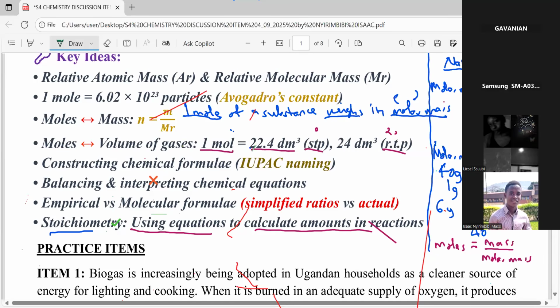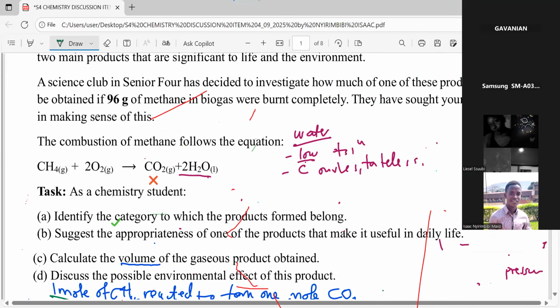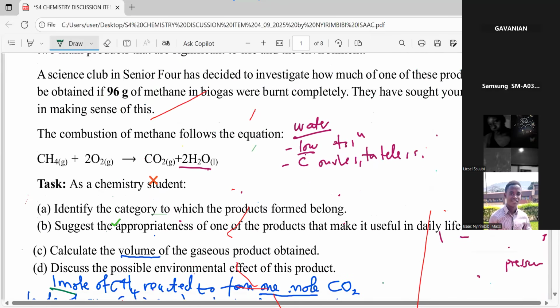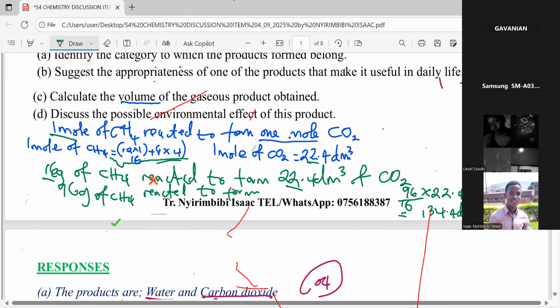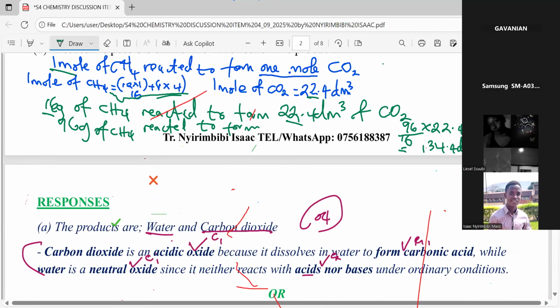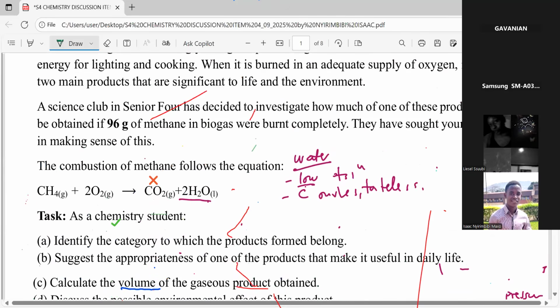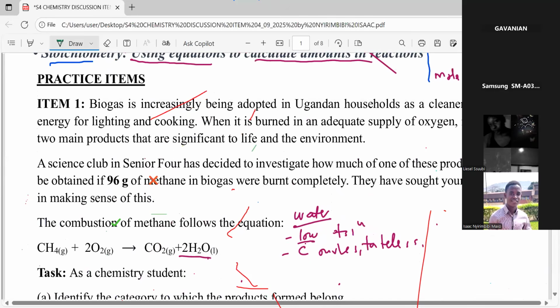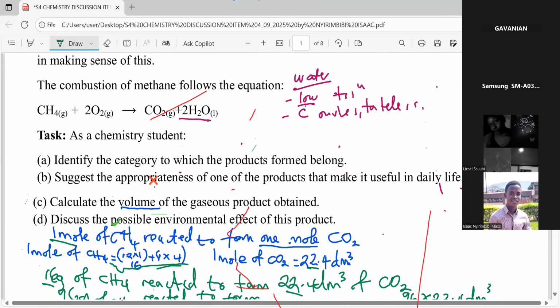Now, at first, the other girl who was calculating for us, was it Catherine? She used STP. Because in the question, when you look very well, they didn't specify for us whether it is at STP or at RTP. Have you seen? Yeah.